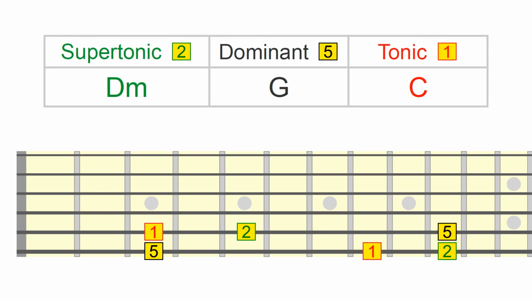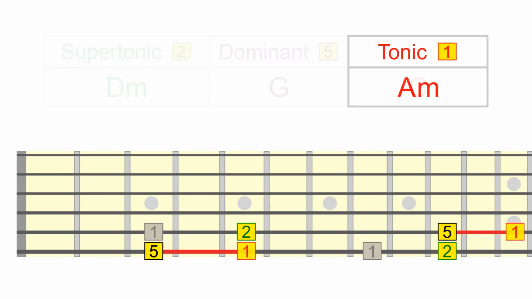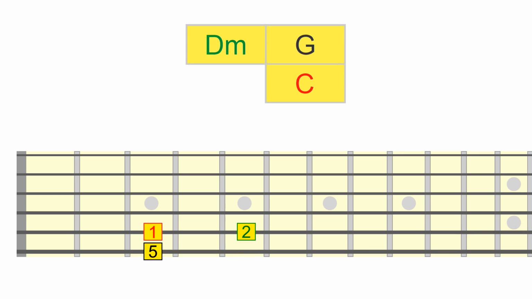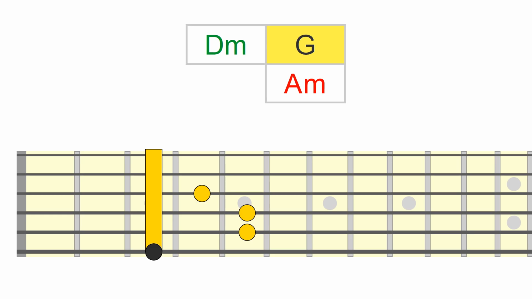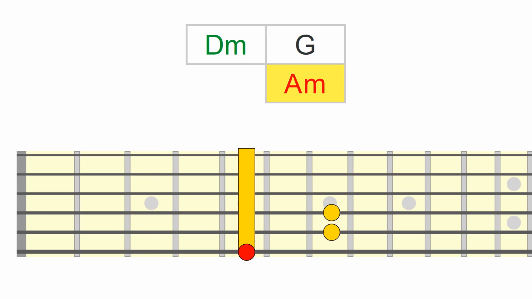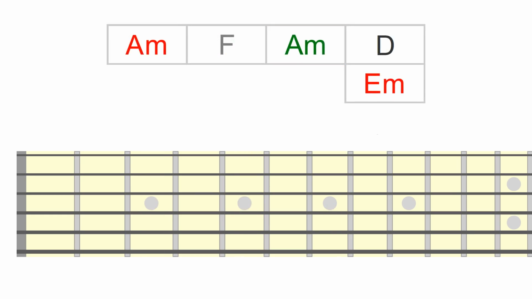Sometimes we might want to resolve our 2-5 to the relative minor tonic of the new key. This can be seen as 2 frets up from the 5. Here, instead of resolving our 2-5 to C major, we resolve up to its relative A minor key. And if you're on a minor tonic, that can become the 2 chord that links to the 5, giving us a path into a new key, whether major or minor.